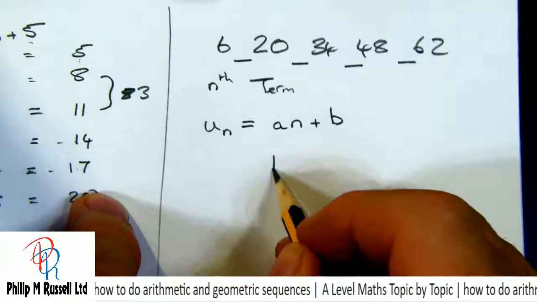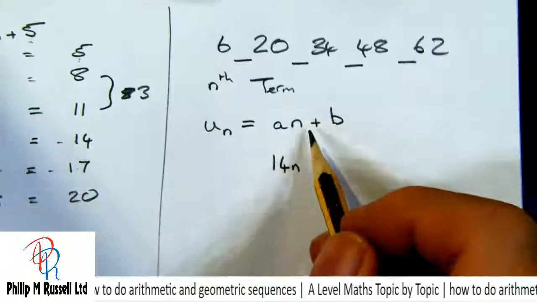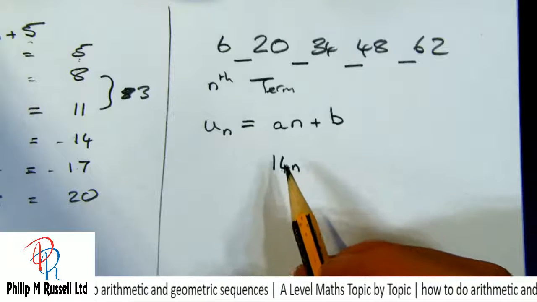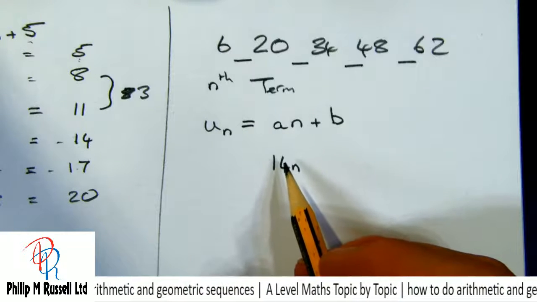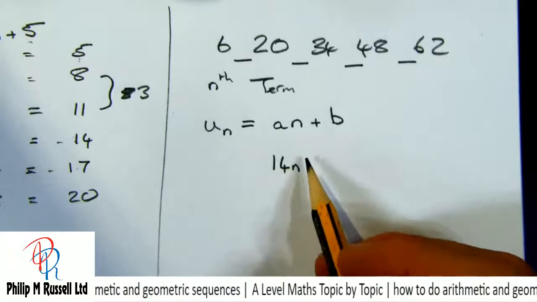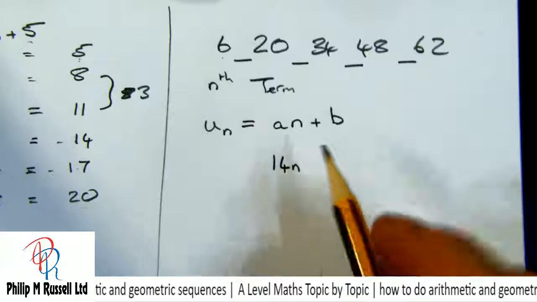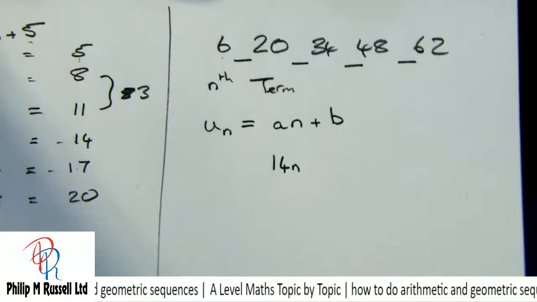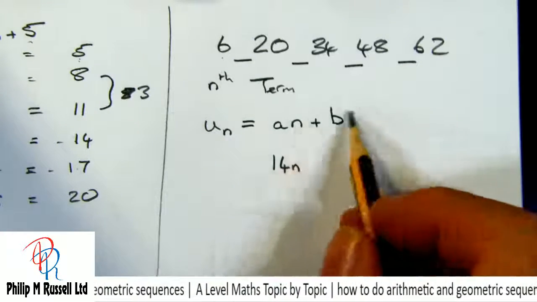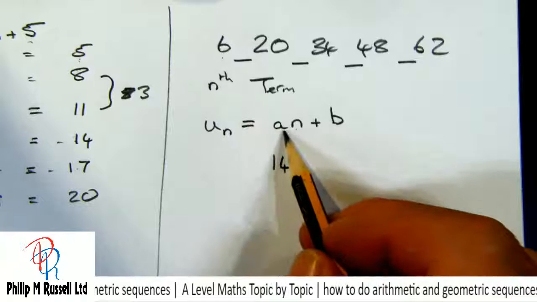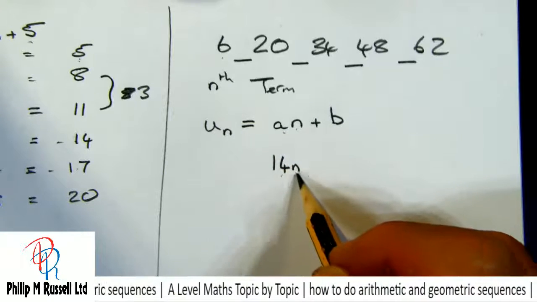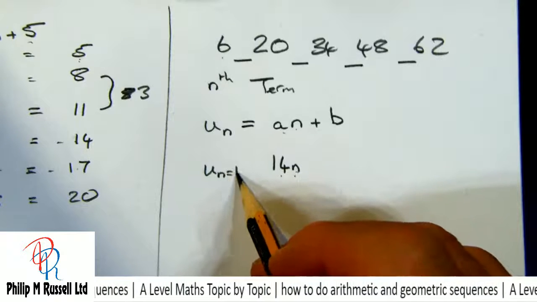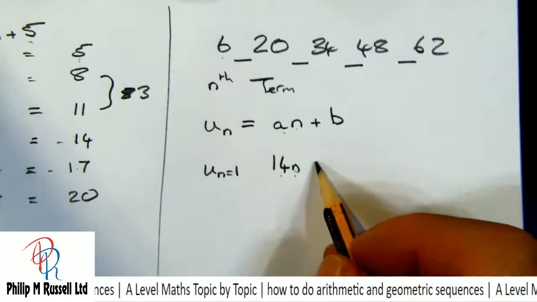So we've got a difference of 14 here, and I've got to work out my first number. If we put this in, I've got 14n, so when n is 1, that gives me 14.